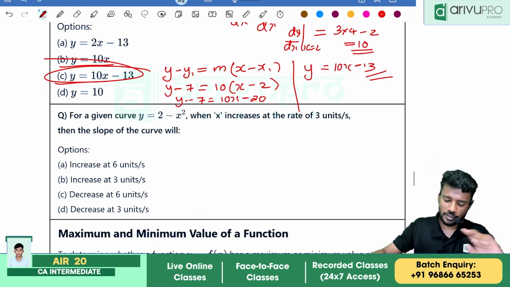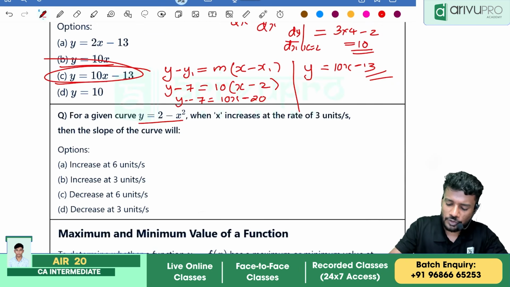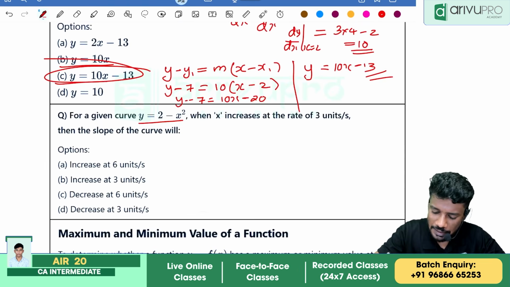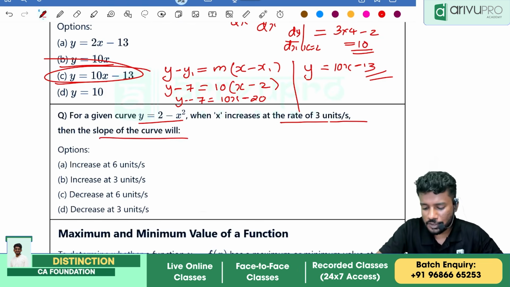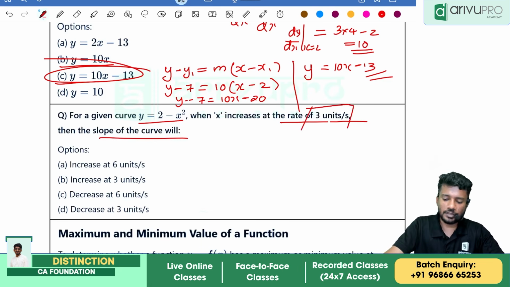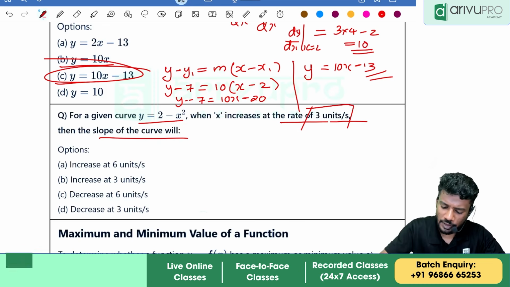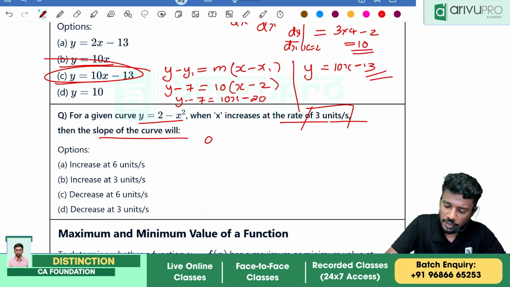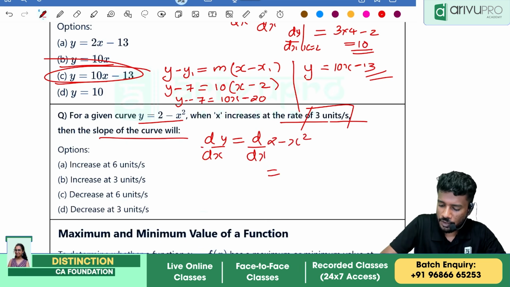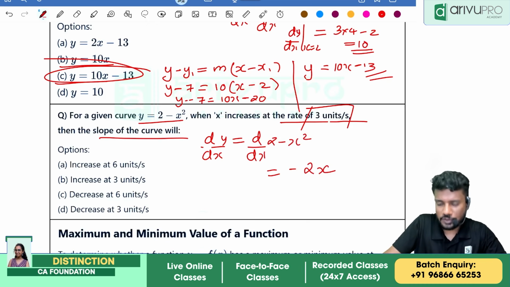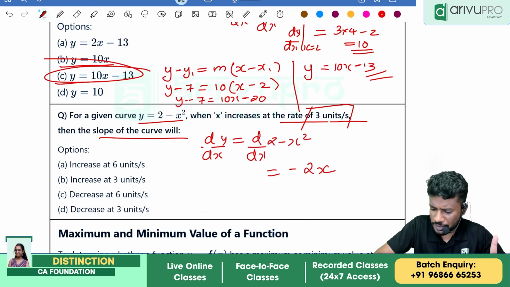Now the next question. For a given curve y is equal to 2 minus x square, what will be the slope of the curve when the change is 3 units per second? How to find the slope of the curve? Take the derivative of the curve. That is d by dx of y, equal to d by dx of 2 minus x square, which is minus 2x.